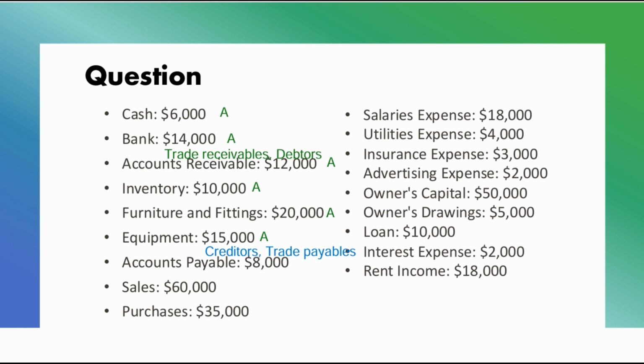That means, again taking the toy factory example, I might need plastic in order to manufacture my toys. So I won't pay the plastic supplier as soon as he gives me the goods. I will pay later. So until I pay, there will be an obligation. I owe him. And it will lead to a future economic outflow because I will have to pay money in the future. So it is a liability.